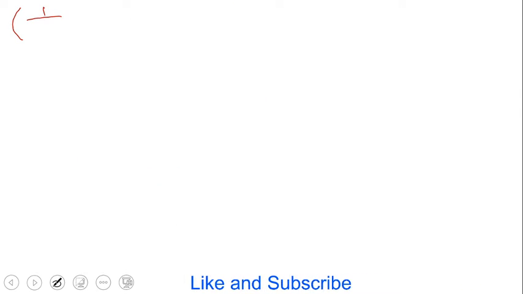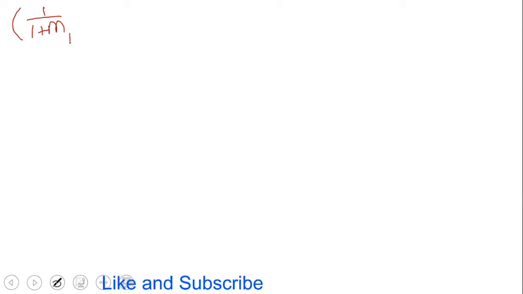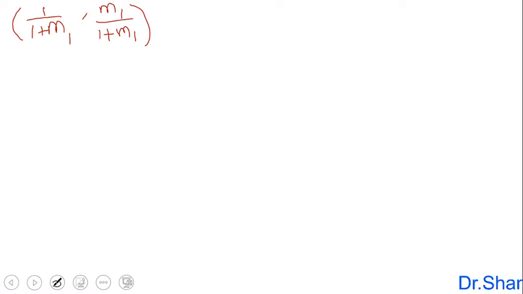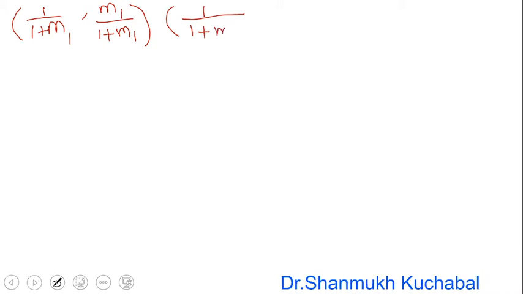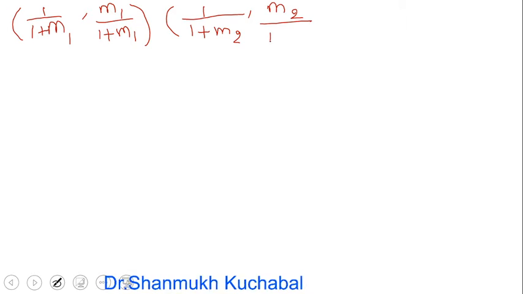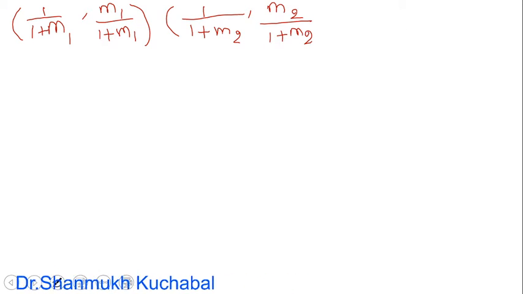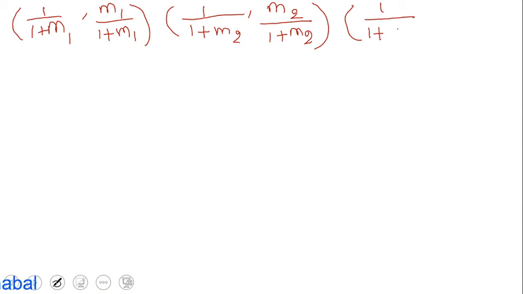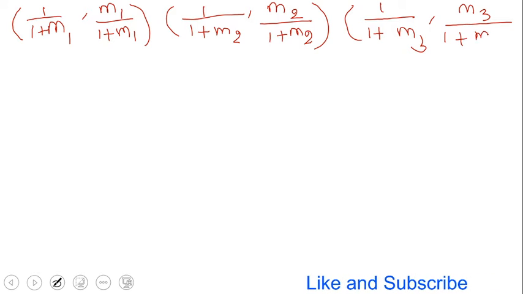So 1 divided by 1 plus m_r, where I am taking r as 1: m1 divided by 1 plus m1. Next, 1 divided by 1 plus m2, and m2 divided by 1 plus m2. Next we have 1 divided by 1 plus m3, and m3 divided by 1 plus m3.